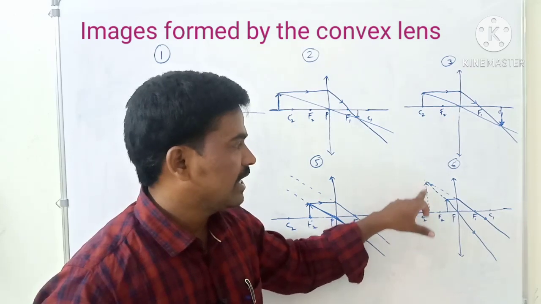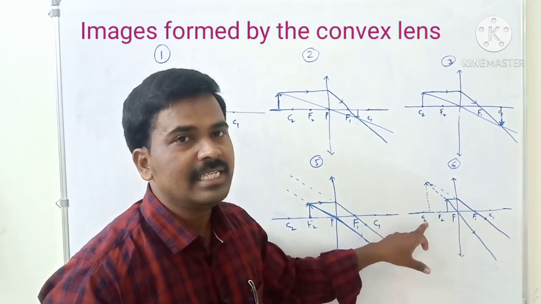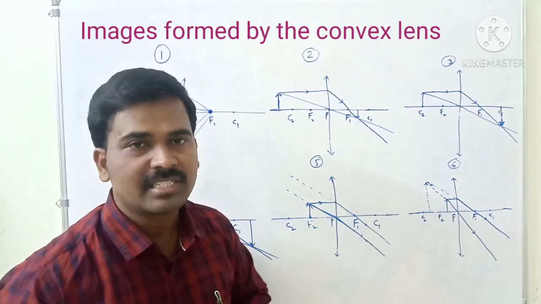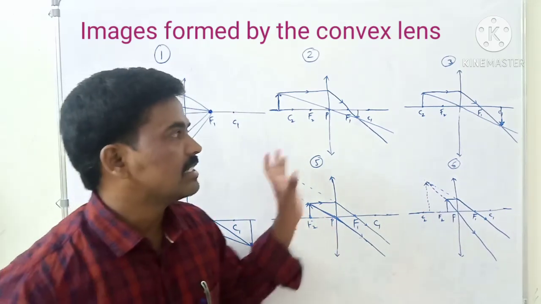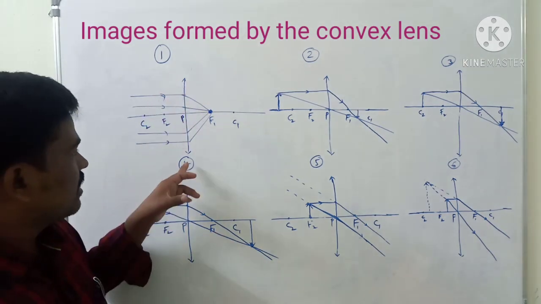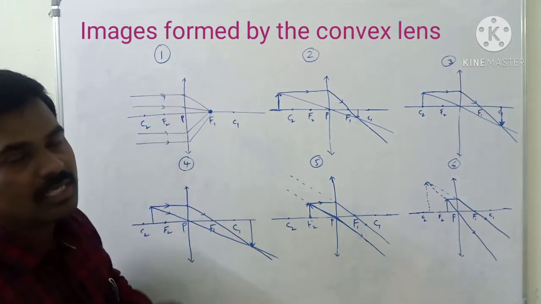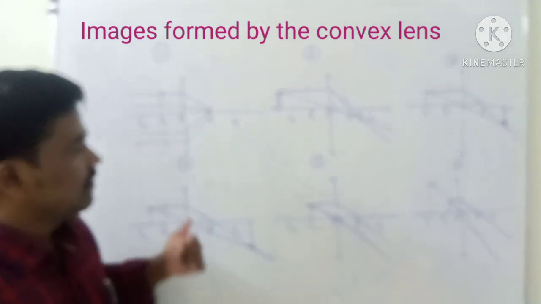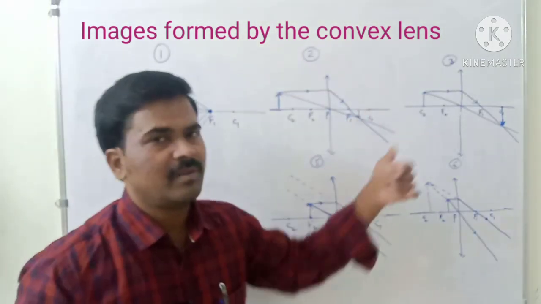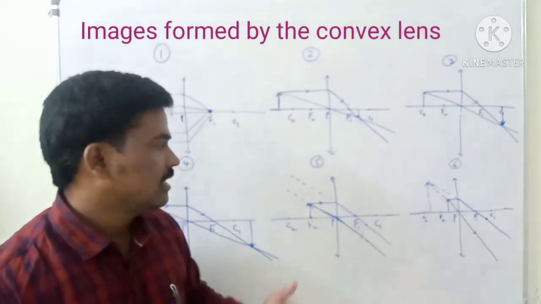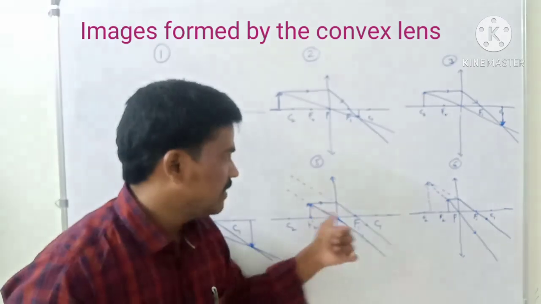That means we get a virtual image, and that is a magnified image, an erect image. These are the images we found with the lens we took, a convex lens.